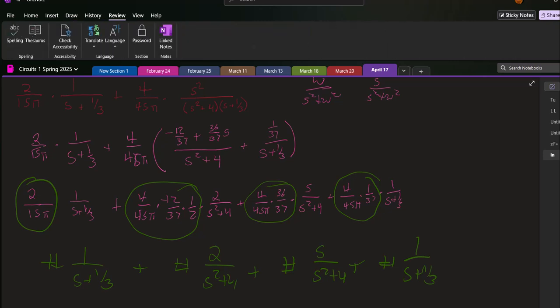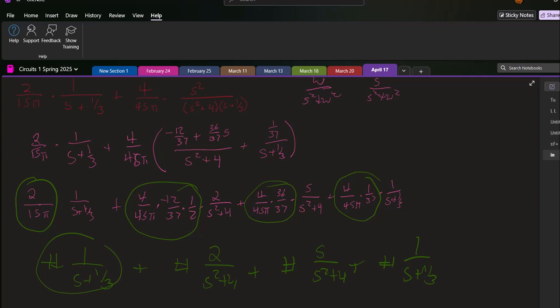These two together are just some number times 1 over s plus 1/3, which will be some number times e to the minus 1/3 t.